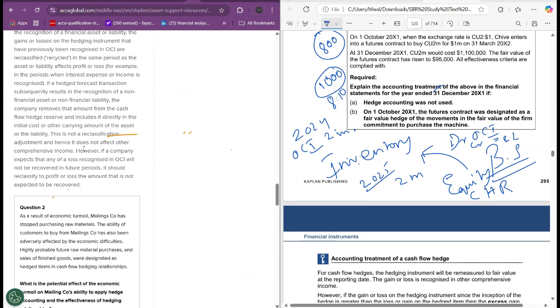Basically it means that if the transaction won't occur in the future, you're not likely to take up the machinery item or that inventory item, then simply don't recognize this anywhere else. Just do a reclassification adjustment by transferring whatever losses or gains you have associated with that hedging instrument into the P&L. That's it.